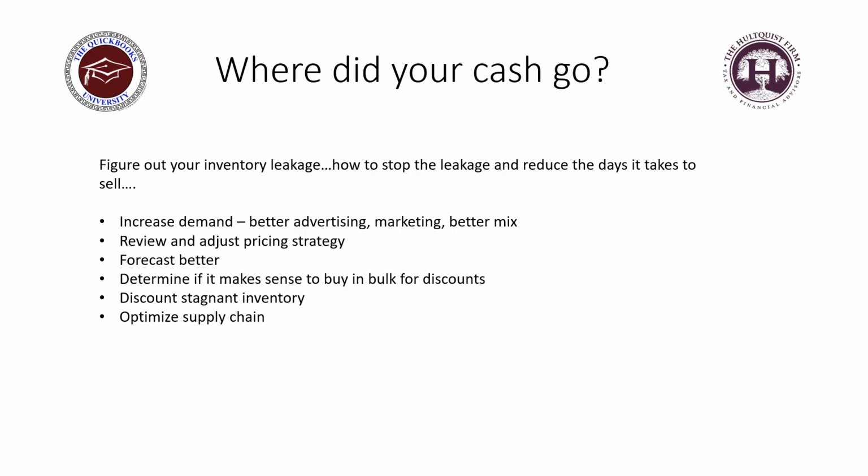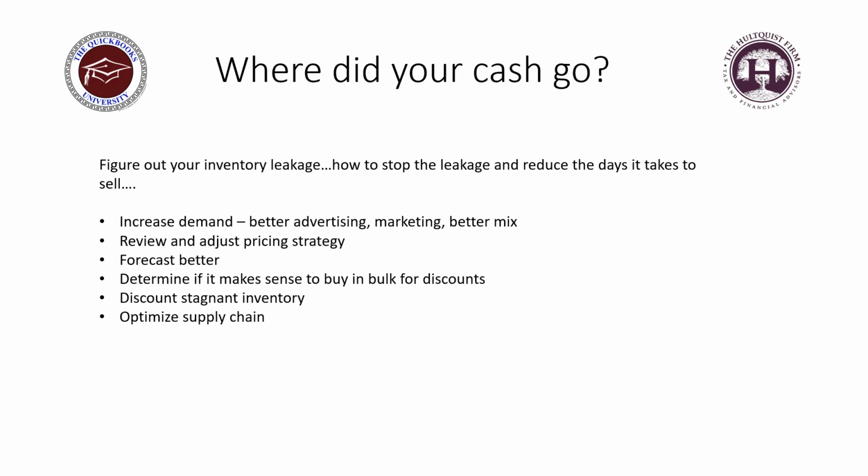And then the last thing is optimize the supply chain. I also see this: if your inventory moves between a couple of different vendors, you need to figure out how to speed that up and optimize that supply chain. I've seen situations where from the time the inventory is ordered, it has to go to 3 vendors, and it takes 120 days just to get the inventory in-house.